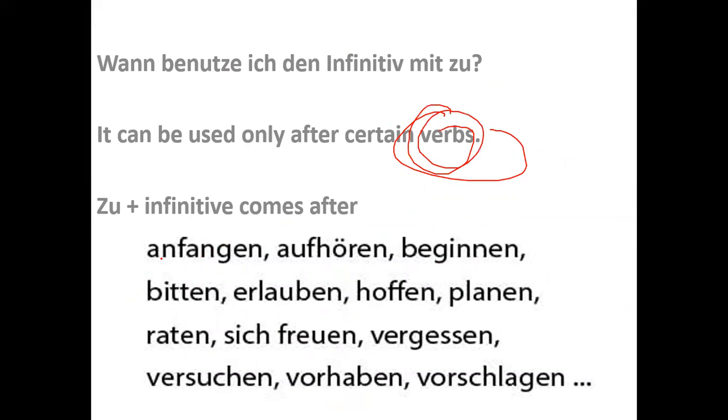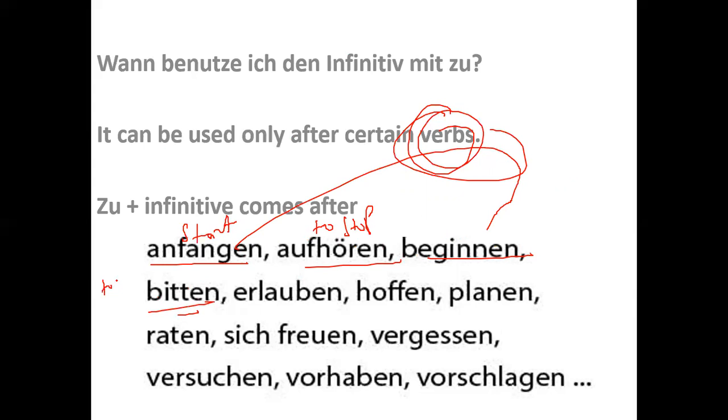Which verbs? Anfangen. Anfangen means to start. Aufhören, to stop. Beginnen, to start. So it is a synonym of anfangen. Then bitten. Bitten is to request, right? Please. Erlauben is to allow, permission, right? Hoffen, to hope.